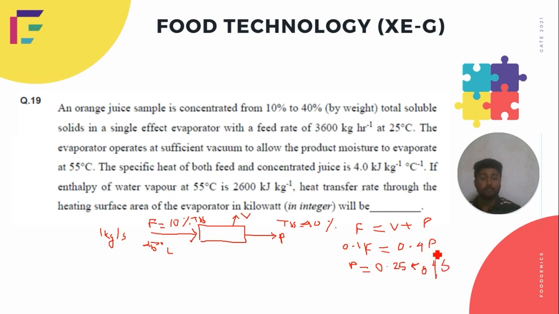That means if we put the value of P here in this equation, P is 0.25 and F is 1, so V we will get is equal to 0.75 kg per second.